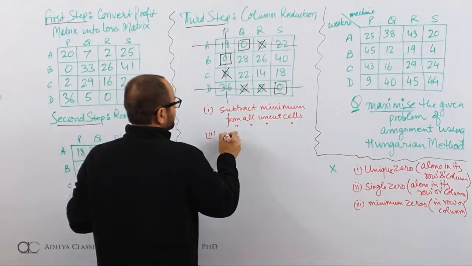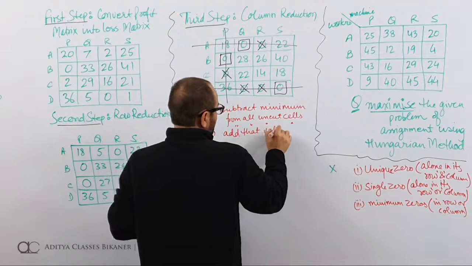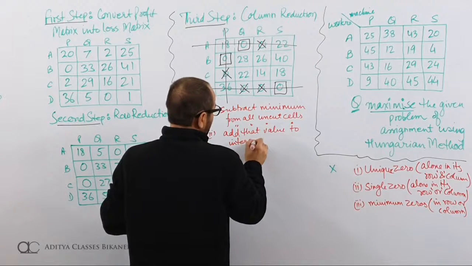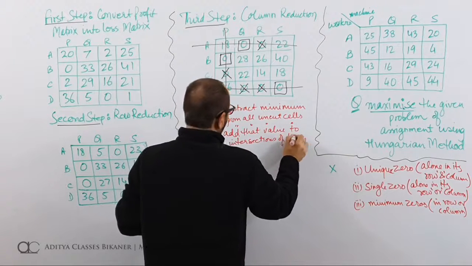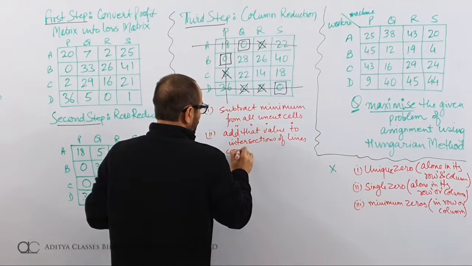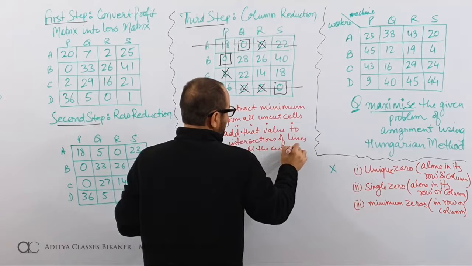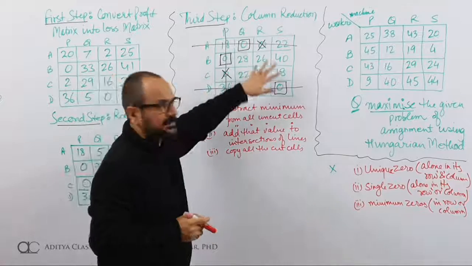Second rule is add that value to intersections of lines. And third is copy all the cut cells. So there are 3 kinds of cells over here. One is uncut.